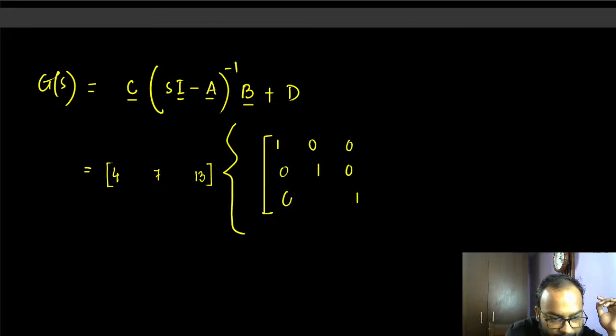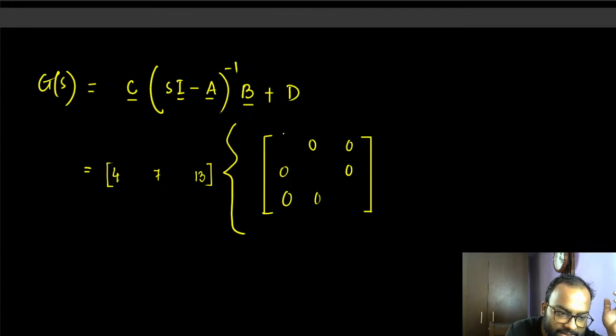Now, of course, I am writing s here, which means I am multiplying that with the scalar quantity s, which means that these ones are essentially becoming s. So that's sI.